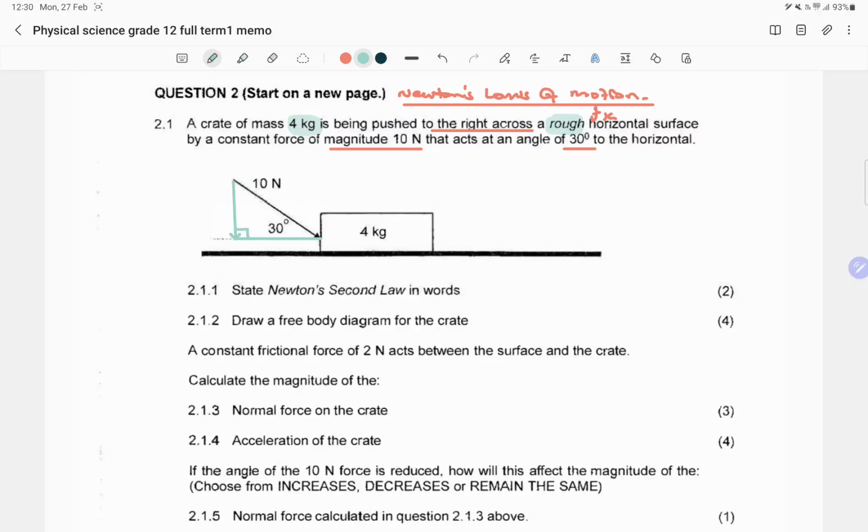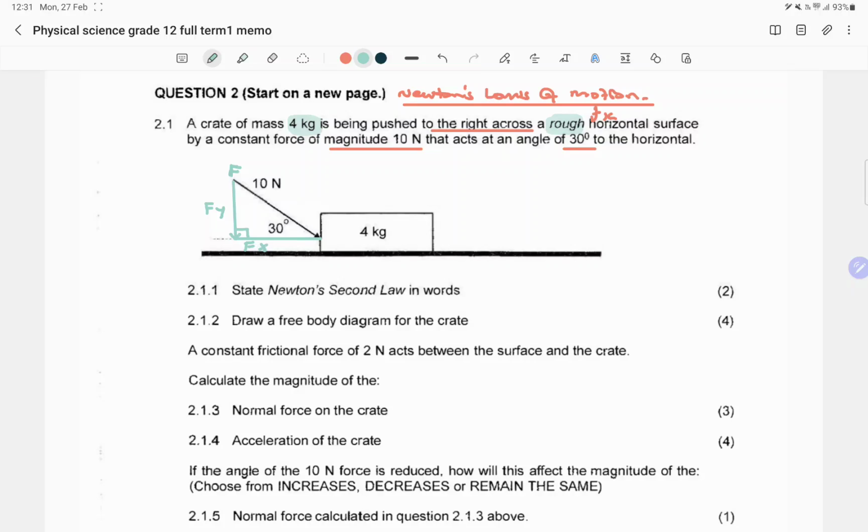If this force is directed down like that, then let's just call it F. There's our F, and then this one should be Fy, because that is the vertical component of that force.